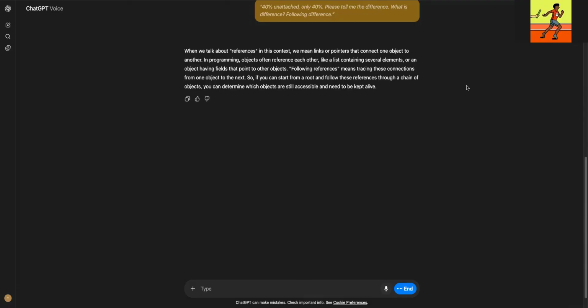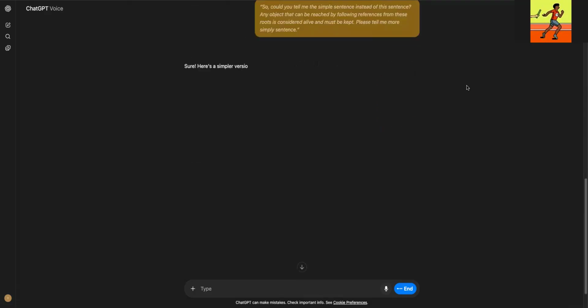Oh, so could you tell me a simpler sentence instead of this sentence? "Any object that can be reached by following references from these roots is considered alive and must be kept." Please tell me a simpler sentence.